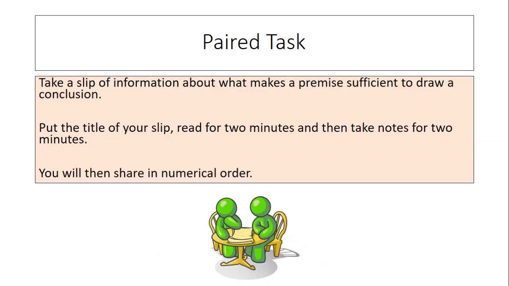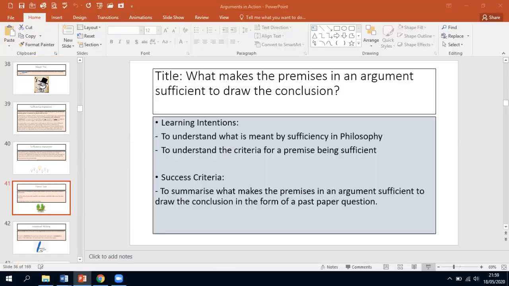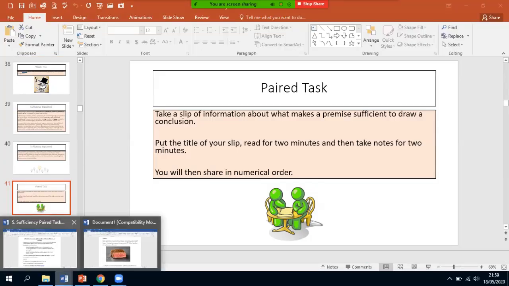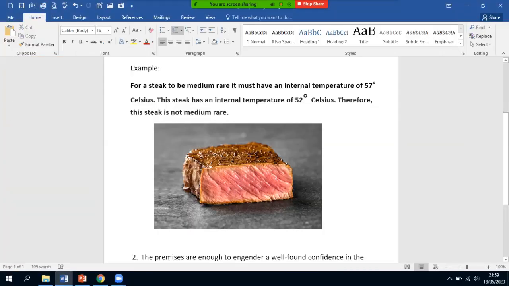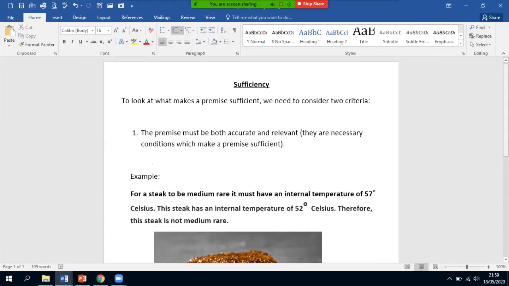We'll have a quick look at this. This task is something for you to take a note on in a minute. I'm going to quickly explain how we can assess sufficiency. First of all, if we're going to consider if a premise is sufficient or not, we need to consider the first criteria: the premise must be both accurate and relevant.